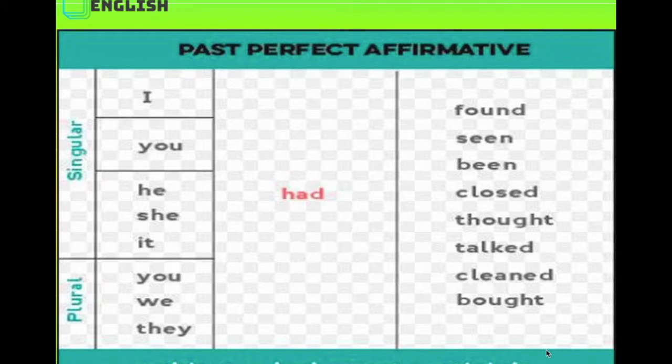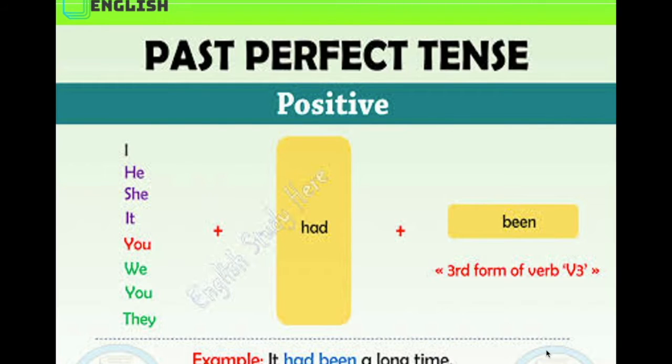So we are using the verb's third form here. This is known as the past perfect tense. In the past perfect tense, we use had and the verb's third form. See here, I had been. The third form of the verb is V3, been.